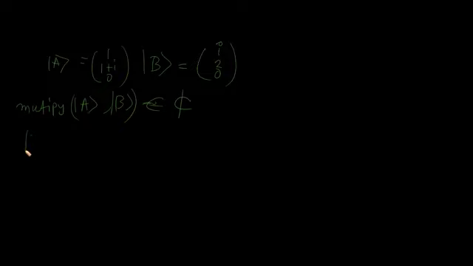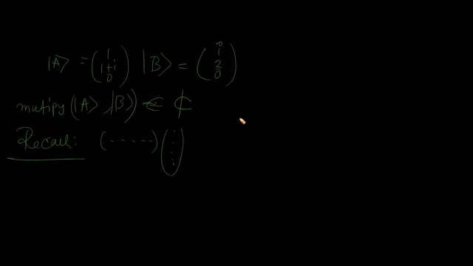If we recall, whenever we had a row vector or row matrix like this and a column matrix like this, then we could extract a number. And in the bracket notation, we do the same thing. But here, I can evaluate this number in two ways.